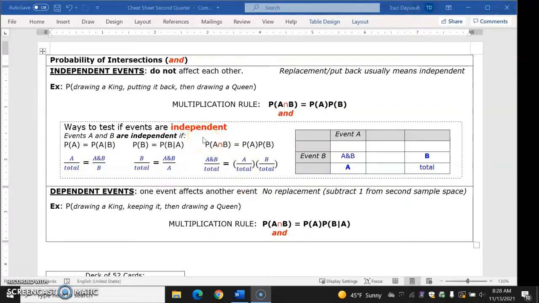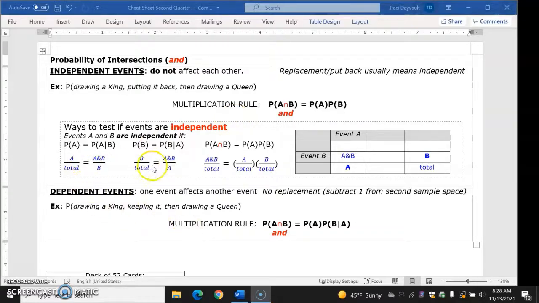for experimental probabilities. Remember, for theoretical probabilities, we can intuitively know if they are dependent or independent. But for experimental, sometimes we test it out.